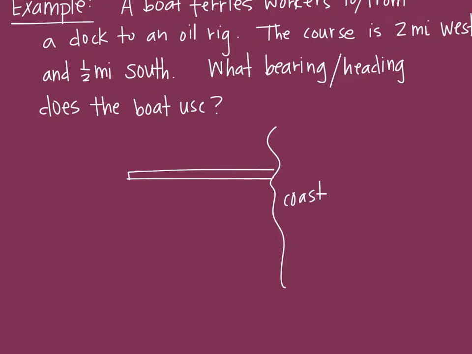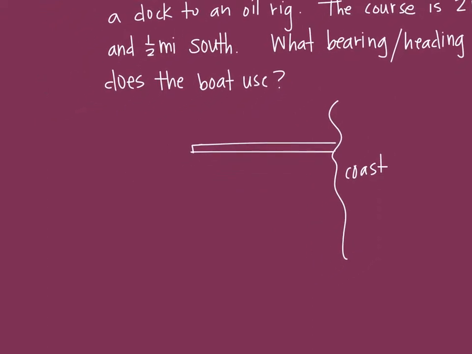Here's the pier. Out in the water is the rig. There, that's better. Now it actually looks like Seal Beach. We want to go 2 miles west, so that'd be like that, 2 miles. And we want to go a half a mile south.